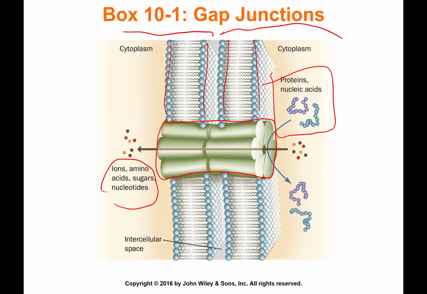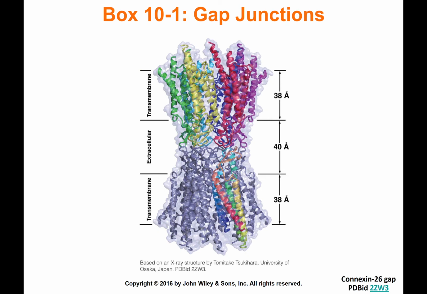Well, because of gap junctions, the sugars that are received by a cell right next to a blood vessel, basically any sugars or oxygen can then be transported directly to adjacent cells that are further or deeper into the tissue.